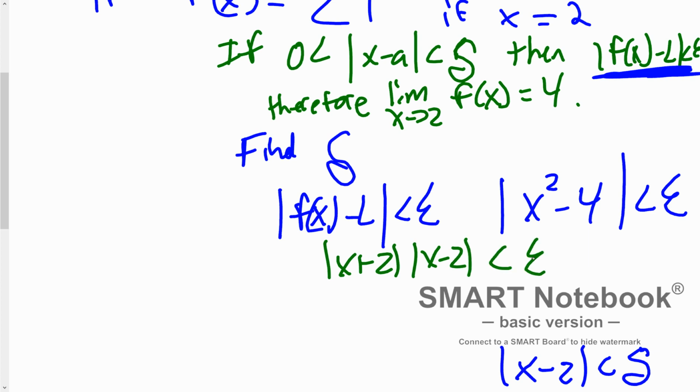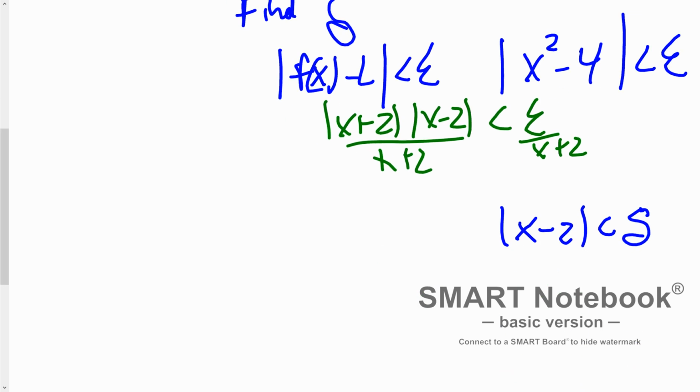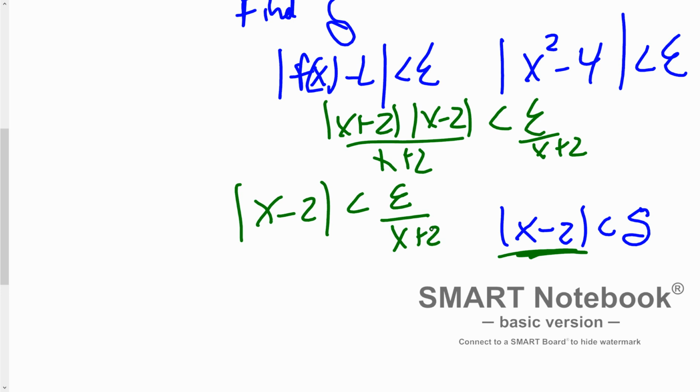So I have the x minus 2 now, but now I have this x plus 2. So if I go ahead and divide both sides by x plus 2, there I have my x minus 2, which is what I need right here. It's less than epsilon divided by x plus 2.